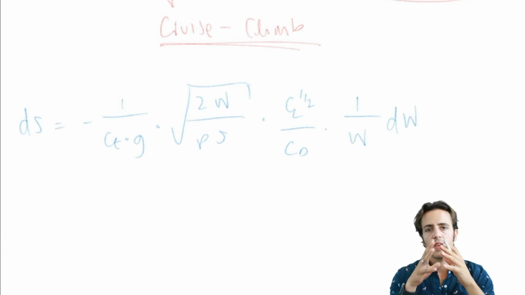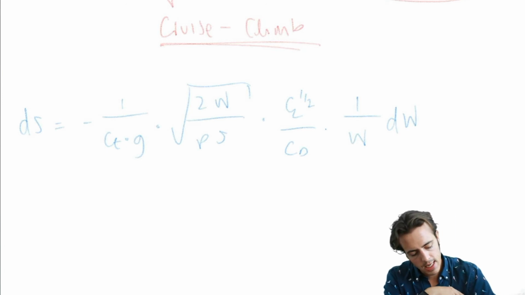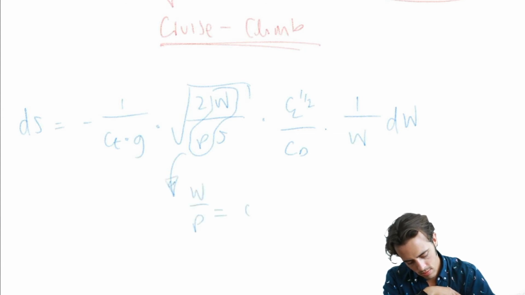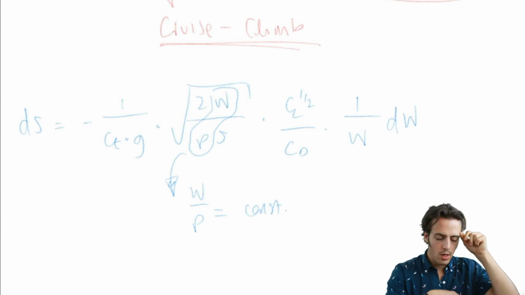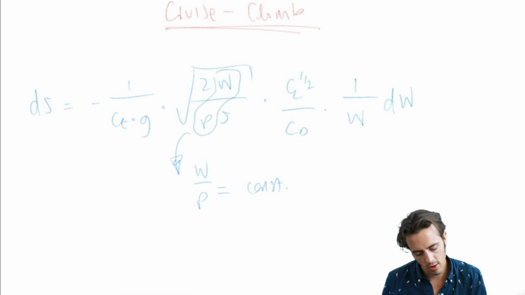So if the aircraft altitude's increasing because we're trying to maintain this constant speed, then in order for that to happen, W divided by rho remains constant. So if W divided by rho is constant, then this is no longer part of the integral expression.